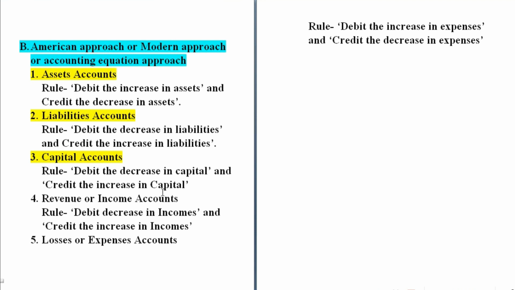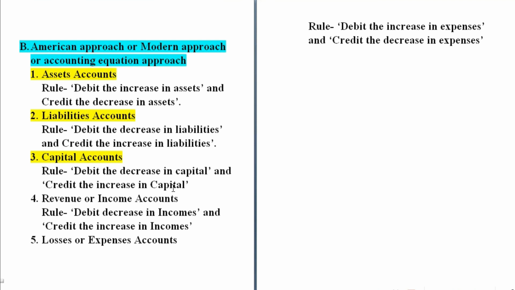Now whenever the capital will increase, now what is capital? Capital is the invested amount that you invest in your business to start your business, or when you reinvest in your business, whatever money you put in the business, that is called capital. So when capital is increasing, like when you are introducing some new or additional capital, we will credit the capital account.